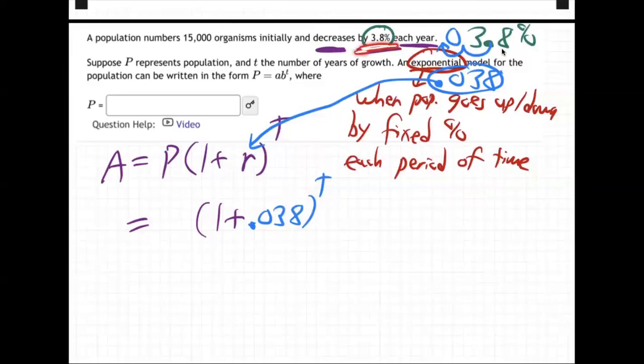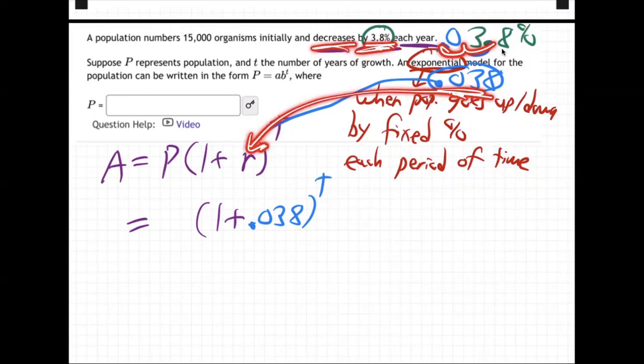I take the 3.8%, move the decimal back 2 places, 0.038. Why? Because I'm changing from percent to decimal, then plugging it in for the rate.